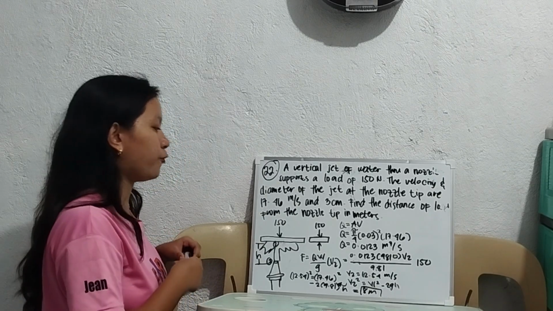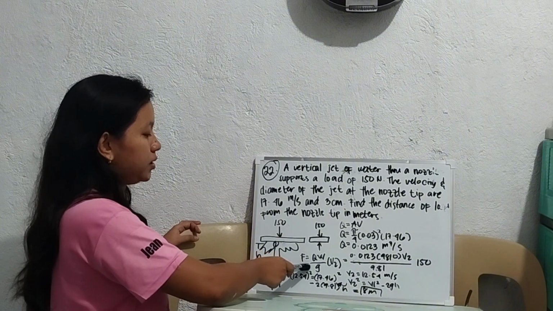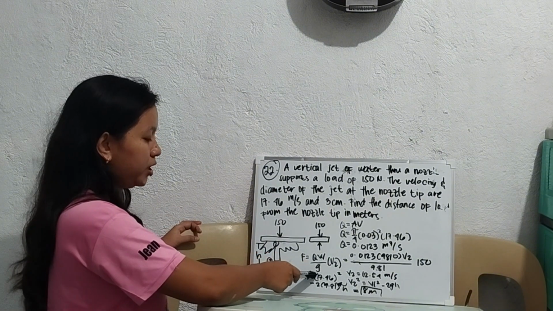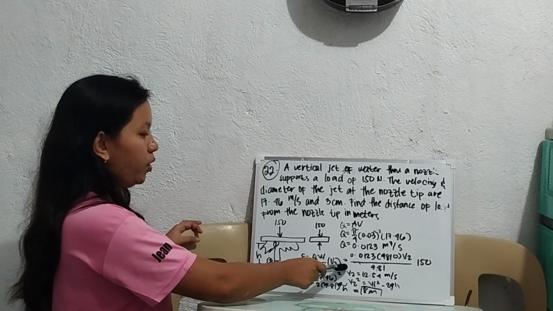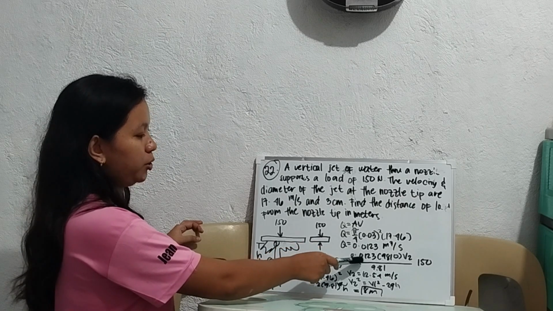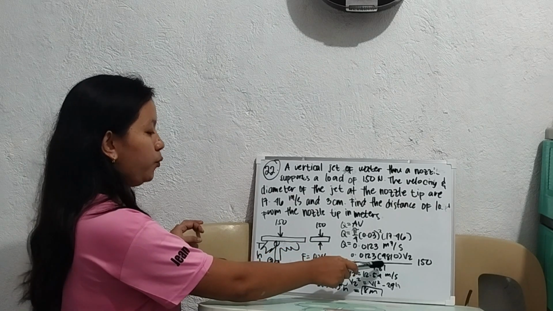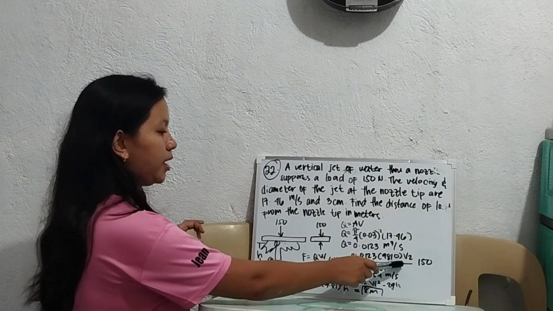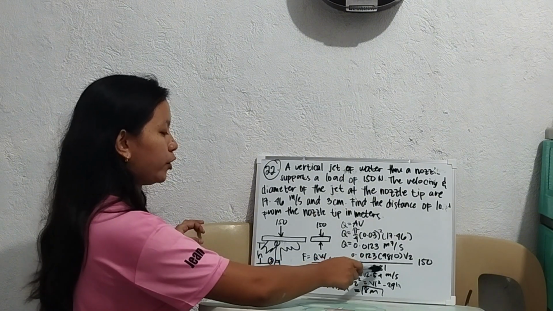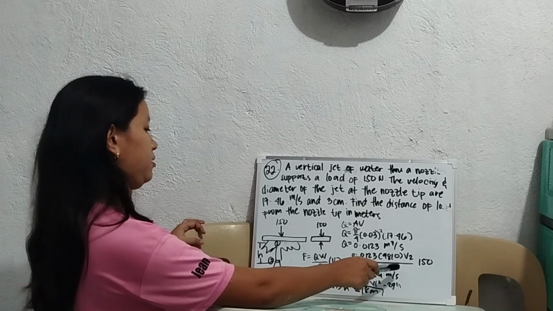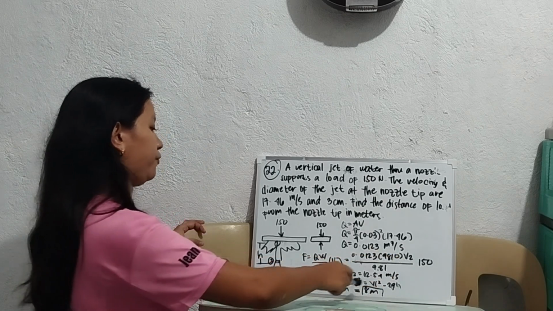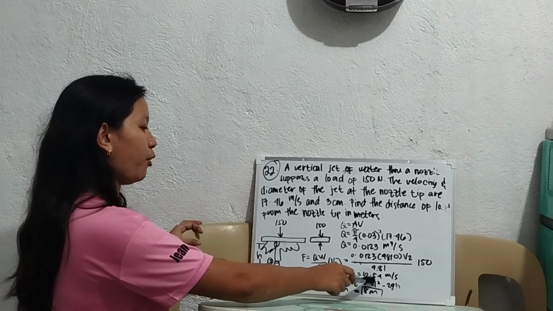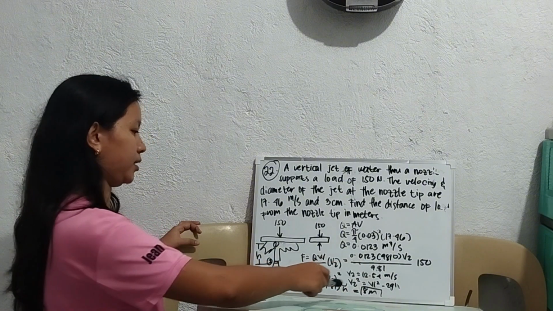And then for the next formula, we have F equals Q times W over G times V2. So we have our Q, 0.0123, times the weight of the water, 9,810, times V2 over 9.81, times 1.50. So we have the answer, 12.54 meter per second.